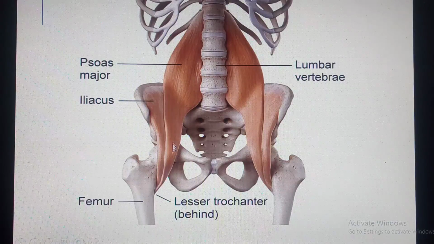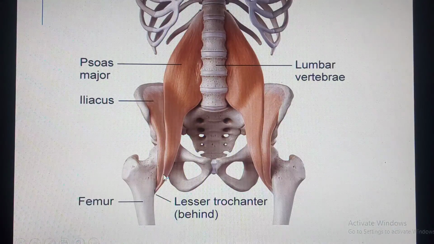So we will call it the iliopsoas muscle. I told you that generally the muscles of the anterior compartment of the thigh are knee extensors. Now this iliopsoas muscle is an exception. It's not a knee extensor, but rather it produces flexion at the hip joint.